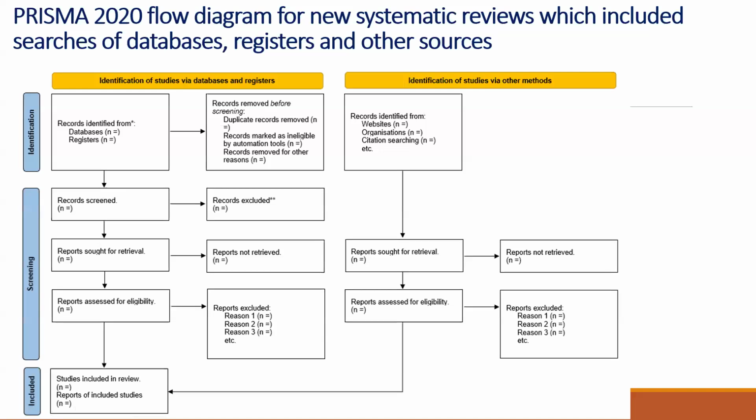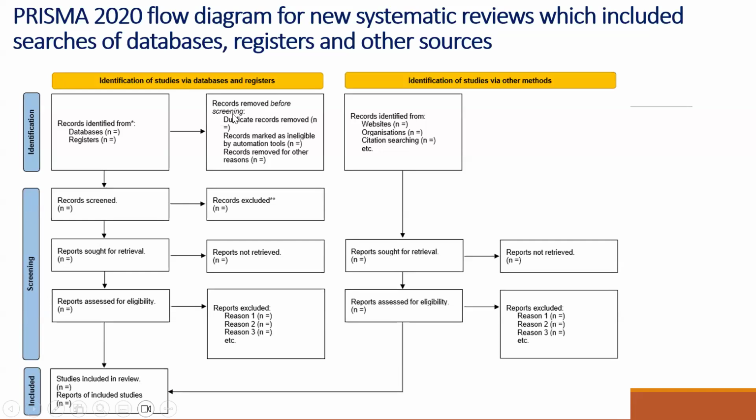So this is one more PRISMA flow diagram. If you are including databases, registers, as well as other sources, like along with databases you are going to search for studies with the help of websites, or specific organizations, or citation search, or the references of the articles which you have included in your systematic review, in that case you can go for this bigger version of the PRISMA flow diagram.